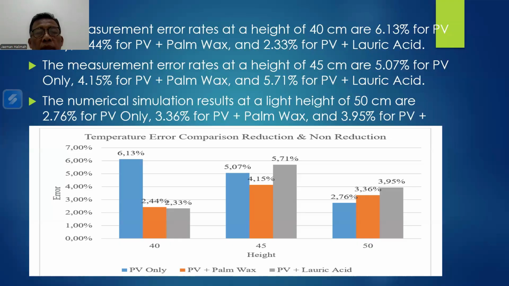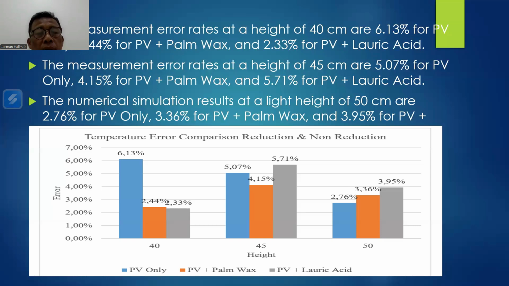The numerical simulation results at height of 50 centimeter are 2.76% for PV only, 3.36% for PV plus palm wax, and 3.95% for PV plus lauric acid.